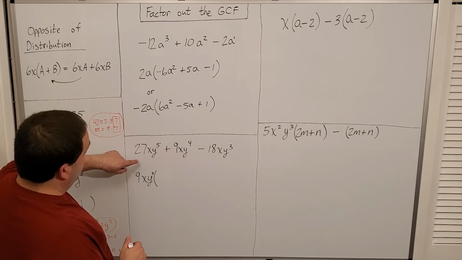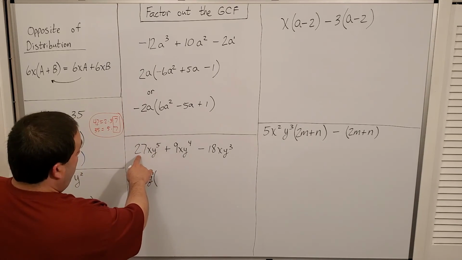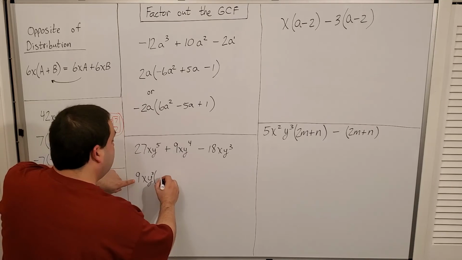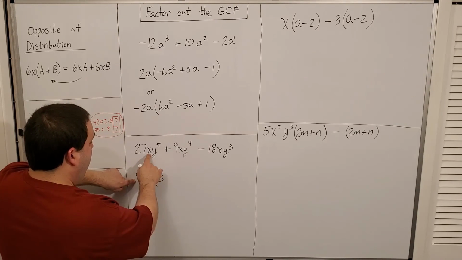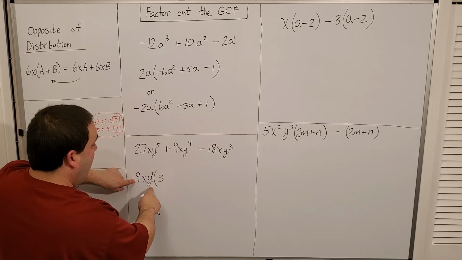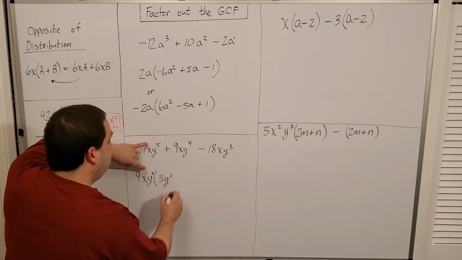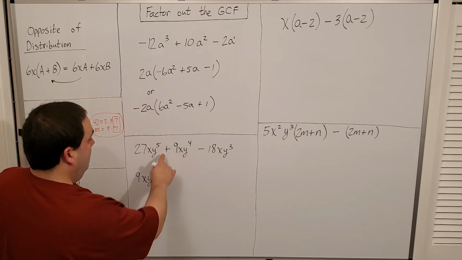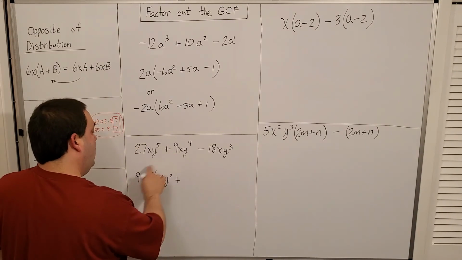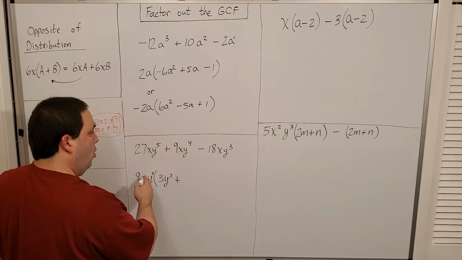Okay, so now that I know that 9 can go into each one, I can do each division. 27 divided by 9 is going to give me 3. X divided by x is canceled out. Y to the 5th divided by y to the 3, 5 minus 3 gives me y squared. Plus 9 divided by 9 is 1. X divided by x also 1.